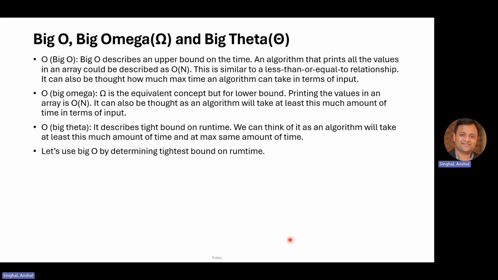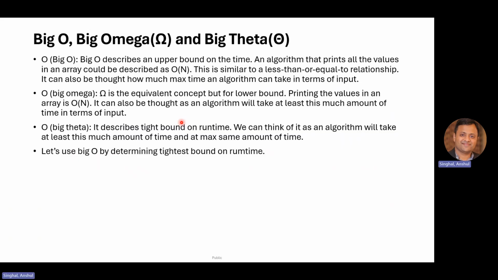There are three different techniques: big O, big omega, and big theta. So I would say there are three aspects to think of when we want to judge the efficiency of an algorithm. Big O describes the upper bound on the runtime. Big omega describes the lower bound on the runtime.